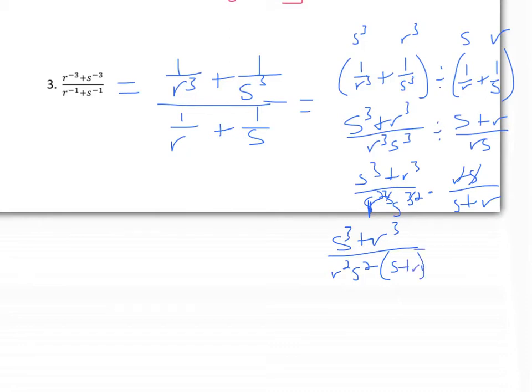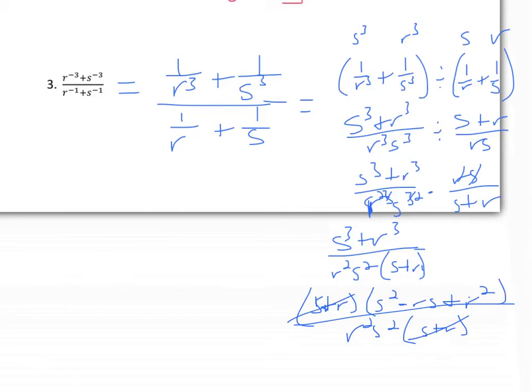Now, we know how to do a sum of 2 cubes. We know that the sum of 2 cubes is actually s plus r times s squared minus rs plus r squared, which means that our s plus r's are going to cancel out.